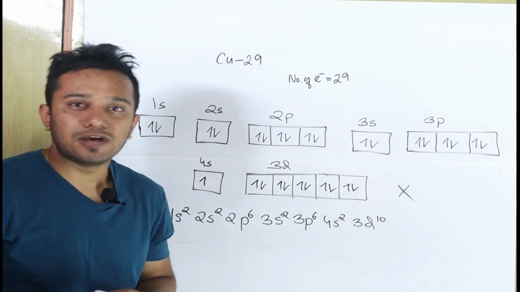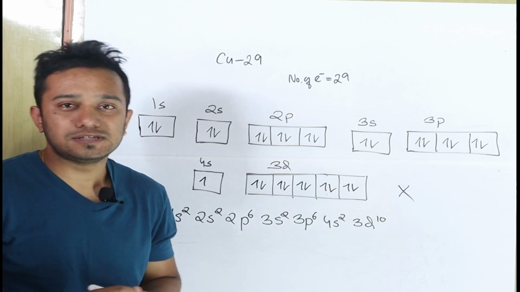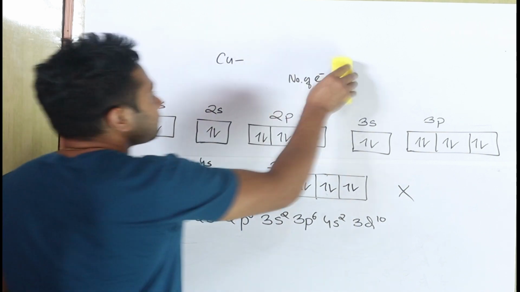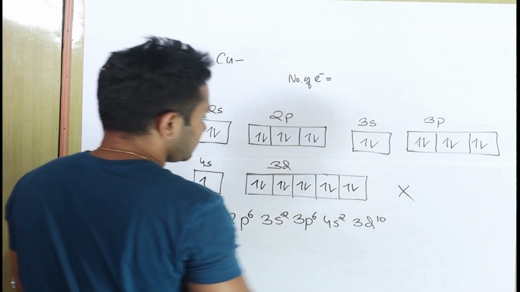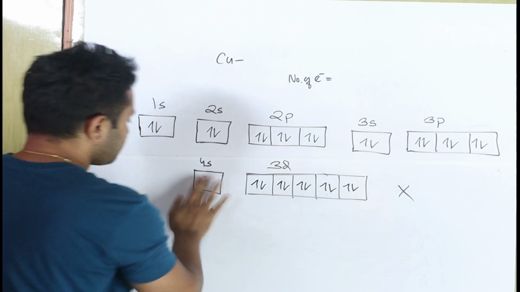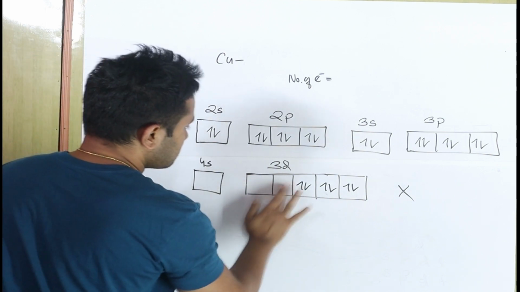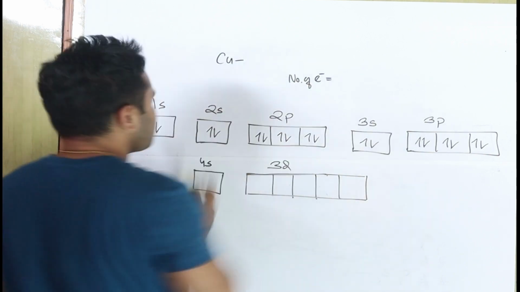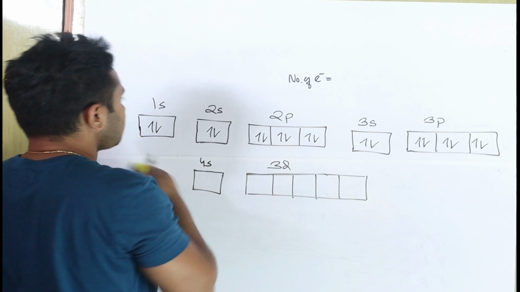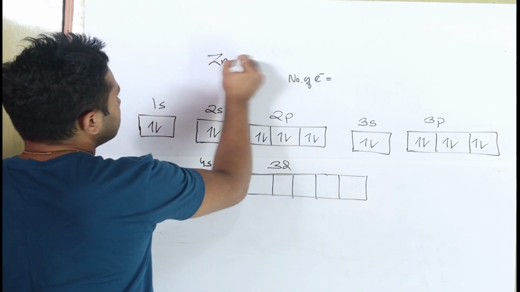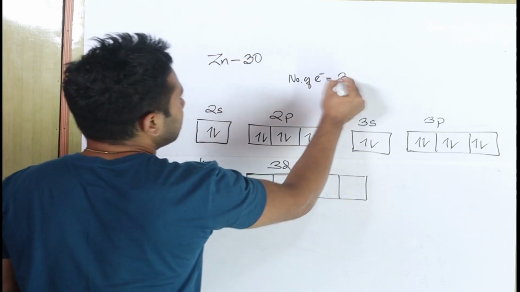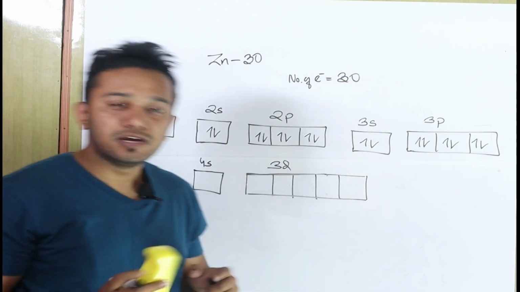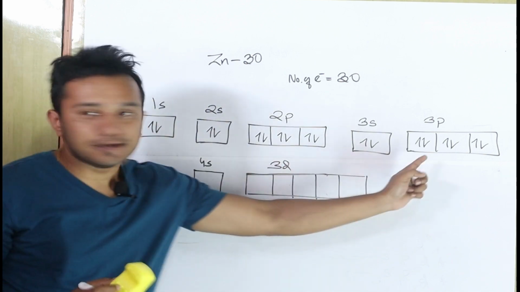Now for the last, we have atomic number 30, which is zinc. Zinc's atomic number is 30 and the number of electrons is 30. I have already filled 18 electrons here.